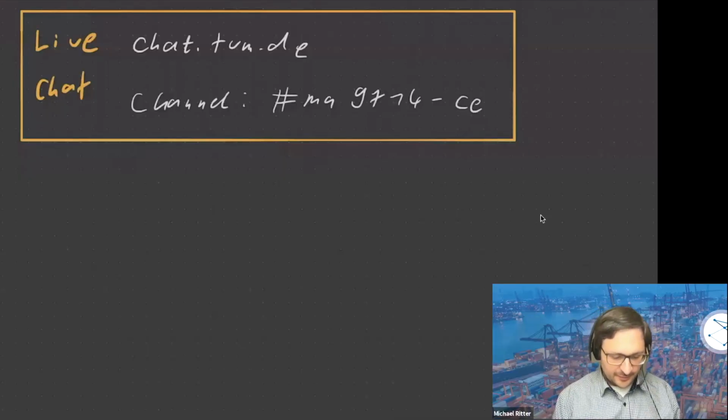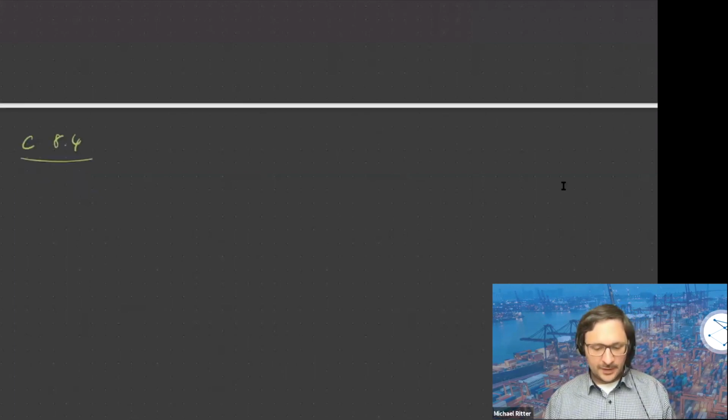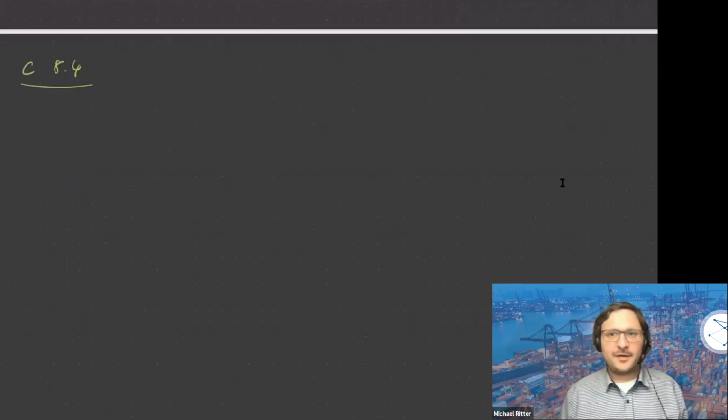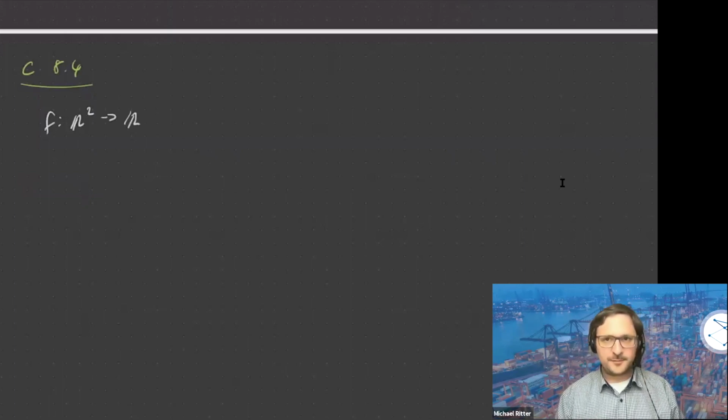Okay, so that is problem 8.4. We have given a real valued function. Of course, for optimization, we always need a real valued function, in this case defined on R2.